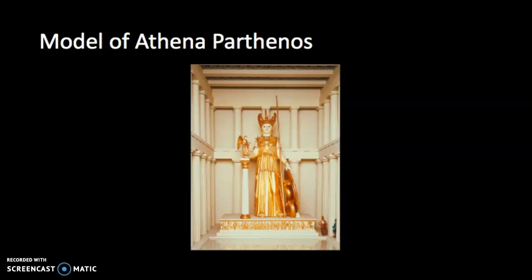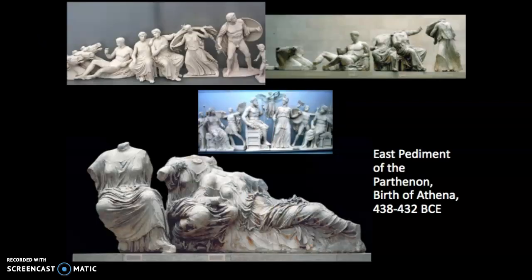This is Athena Parthenos, and she is a gold and ivory statue of Athena that we know from descriptions that the Romans gave us of the Parthenon. 38 feet tall, 2 stories tall, would have been painted, clad in gold, maybe even a little bit tacky by our standards, but it was par for the course in ancient Greece.